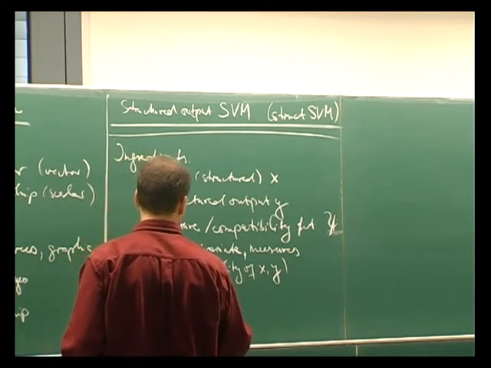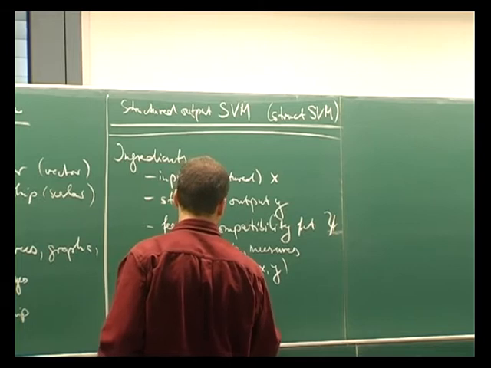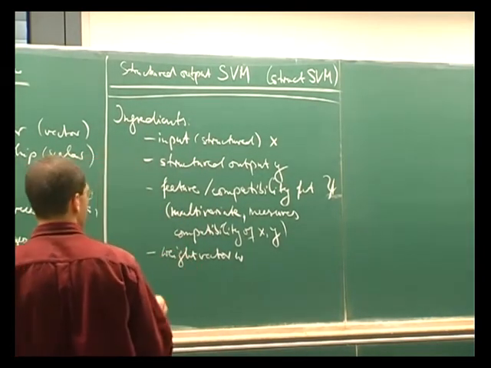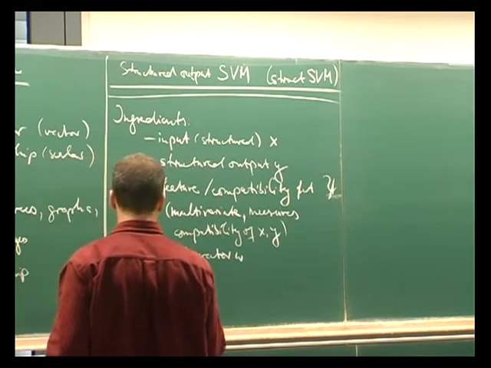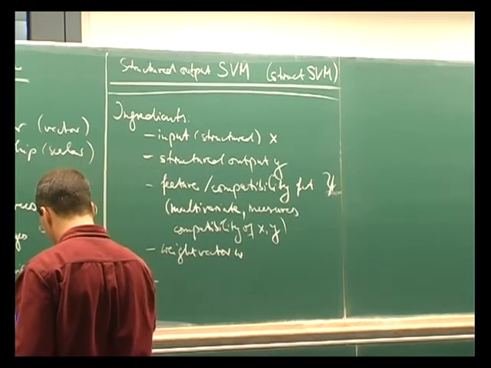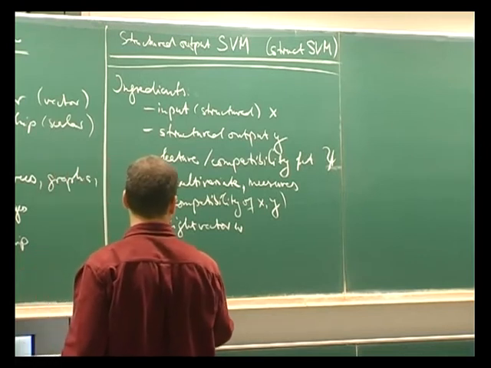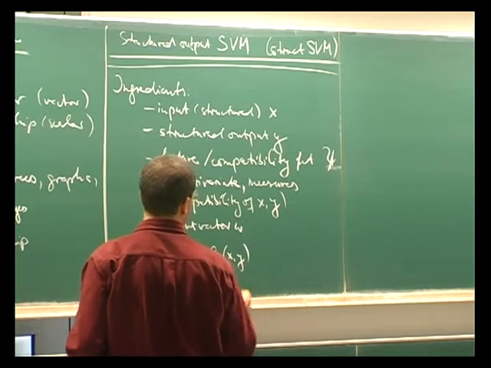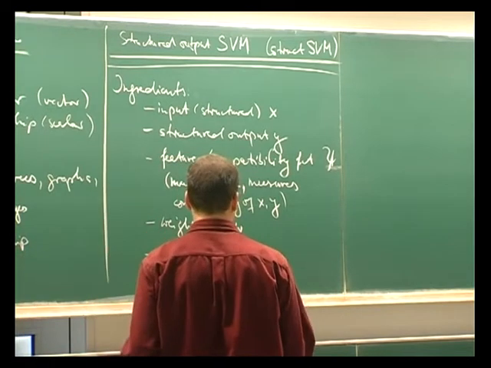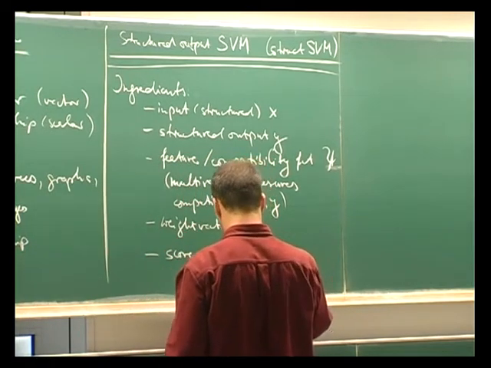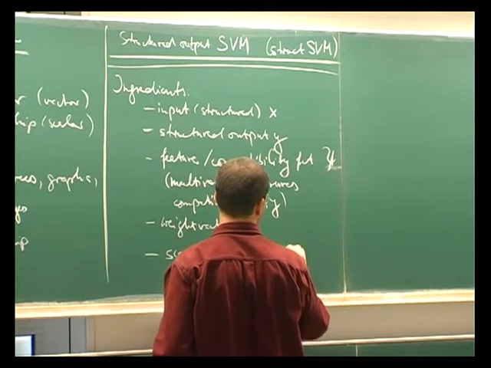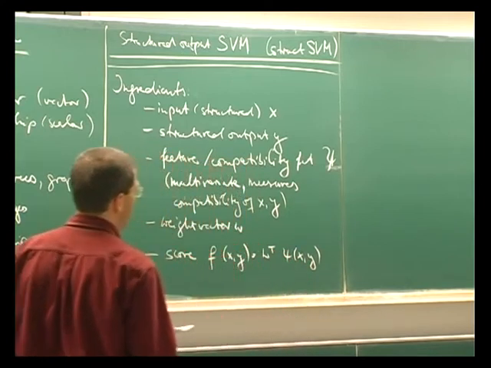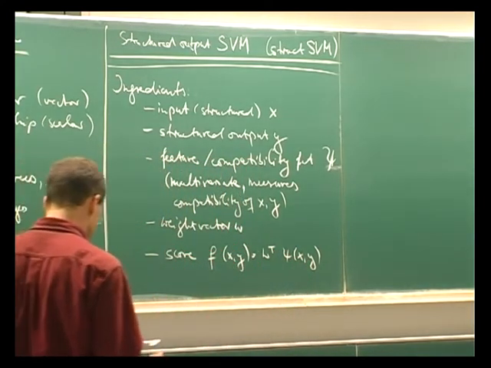Then we have the weight vector, which in conjunction with this compatibility function will allow me to compute a score. So a score f of x and y is given by this inner product of my weight and the compatibility function.